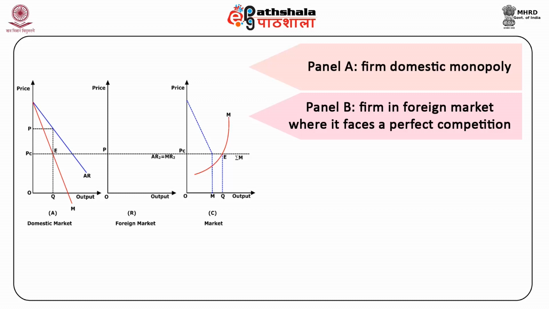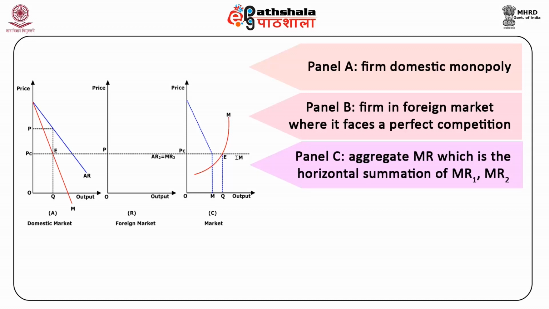MR2 and AR2 are the marginal revenue and average revenue curves faced by the firm in the foreign market. Panel C shows the aggregate marginal revenue, which is the horizontal summation of MR1 and MR2. MC is the marginal cost of production.